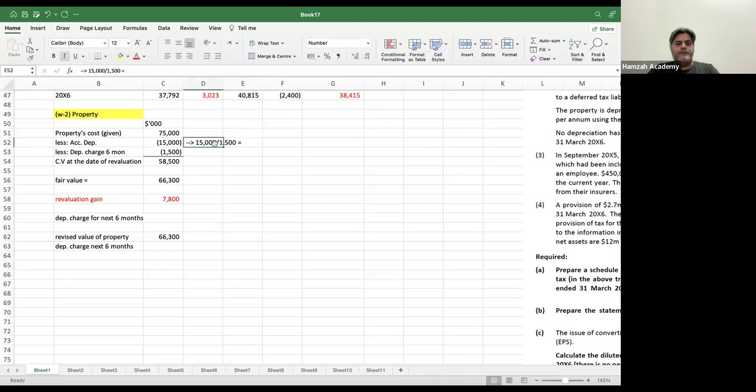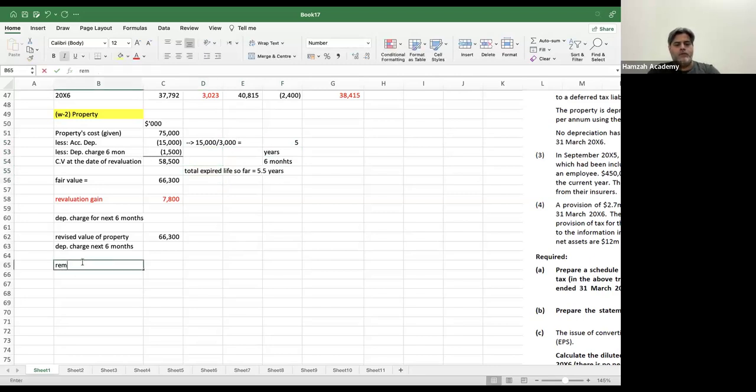Oh, there's going to be 3,000 charge for the year because this is for the 6 months. So I'm going to have 5 years over here, 6 months over here. So total expired life so far is 5.5 years.